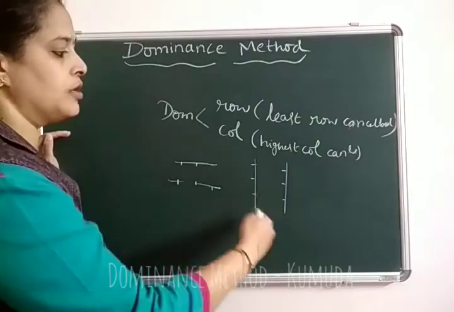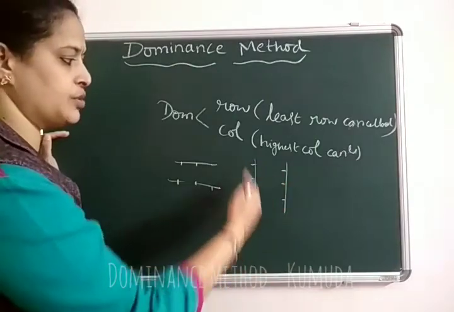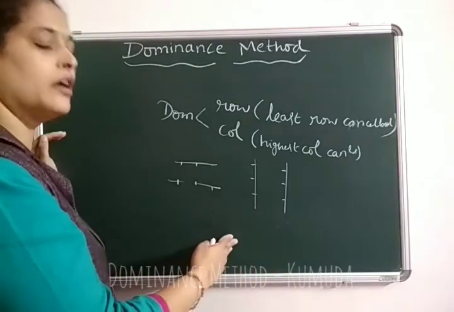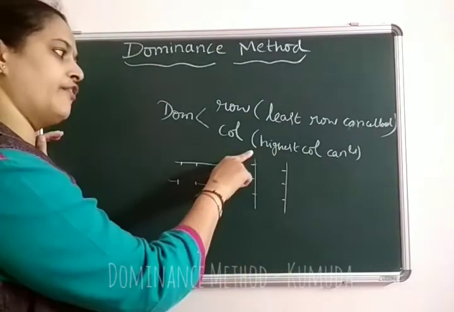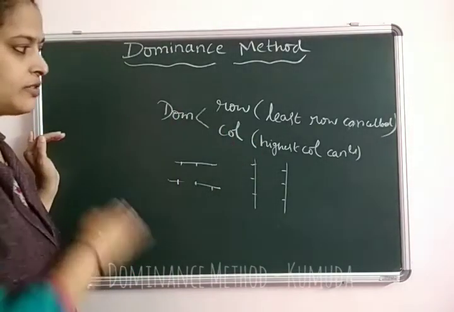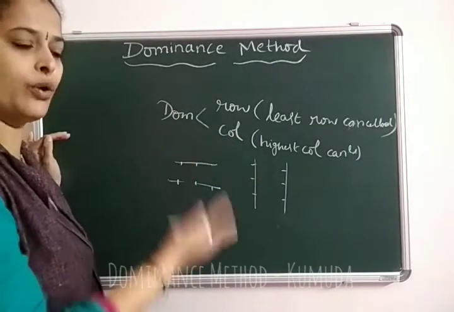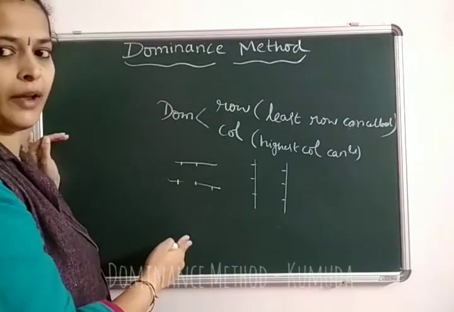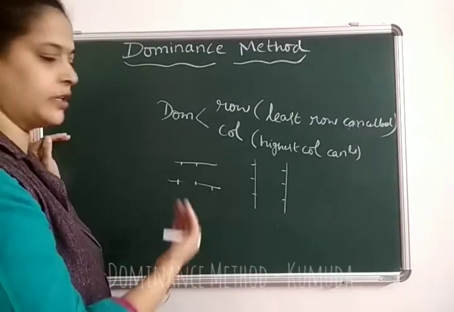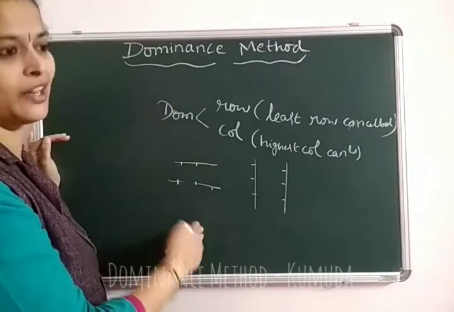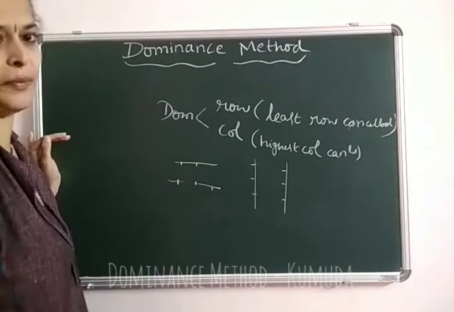If you have a column which has the highest numbers compared to the other column, then the first column dominates the second, and the rule of column dominance says that the highest column gets cancelled. In this way, we go on reducing the rows and columns so that we get back a 2 cross 2 matrix, and we apply the dominance principle to it. In the 2 cross 2, if we get a saddle point, that will be the solution. If not, we apply the odds method.